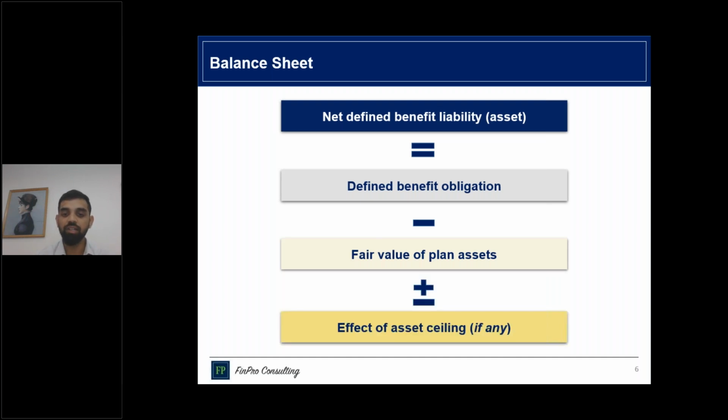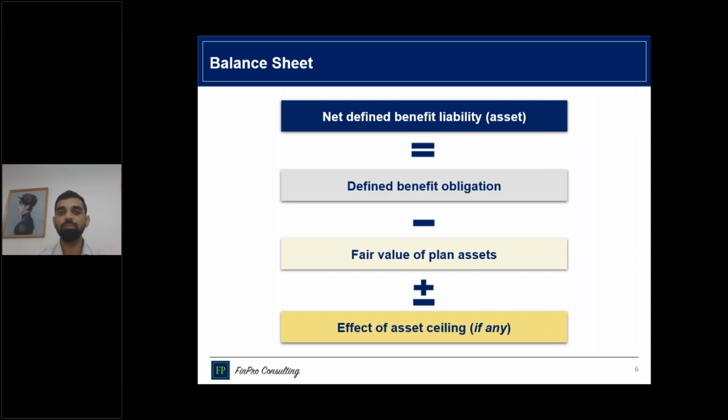And lastly, the effect of asset ceiling. So what is asset ceiling? If your assets are greater than the liability, then that additional asset part you can recognize only to the extent you will be receiving a refund in the future period, or you can make lower contributions in the future period. That asset ceiling test has to be met in order to recognize the net defined benefit asset.